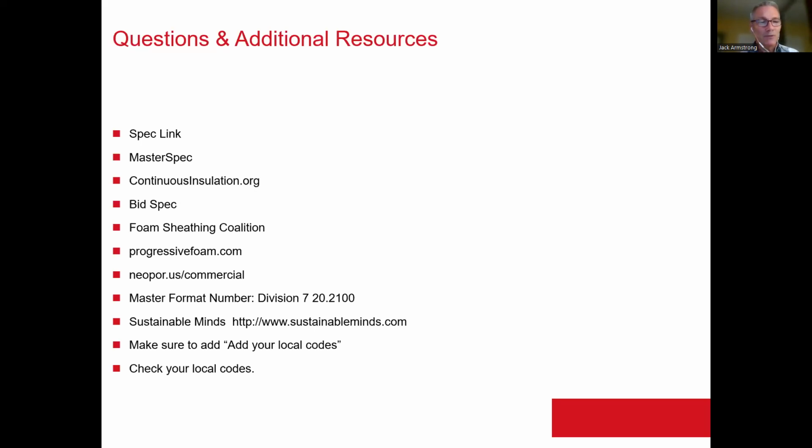In addition, progressivefoam.com, neopor.us, the MasterFormat division has additional information, as well as some programs called Sustainable Minds. I hope this spotlight on the codes and what they really mean is helpful for you.